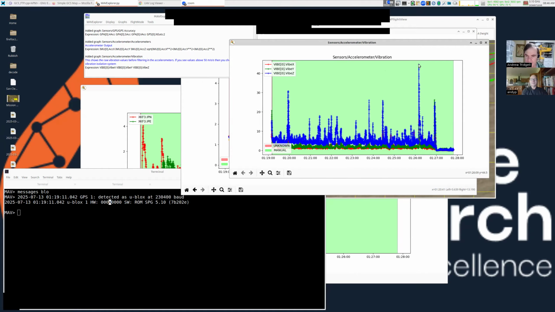You can see we've got some peaks up here of like 44 meters per second, which is quite a lot. This one a little bit less, and the average down here is not too bad. For a plane that probably doesn't have a lot of effort put into vibration isolation, this is actually pretty good.